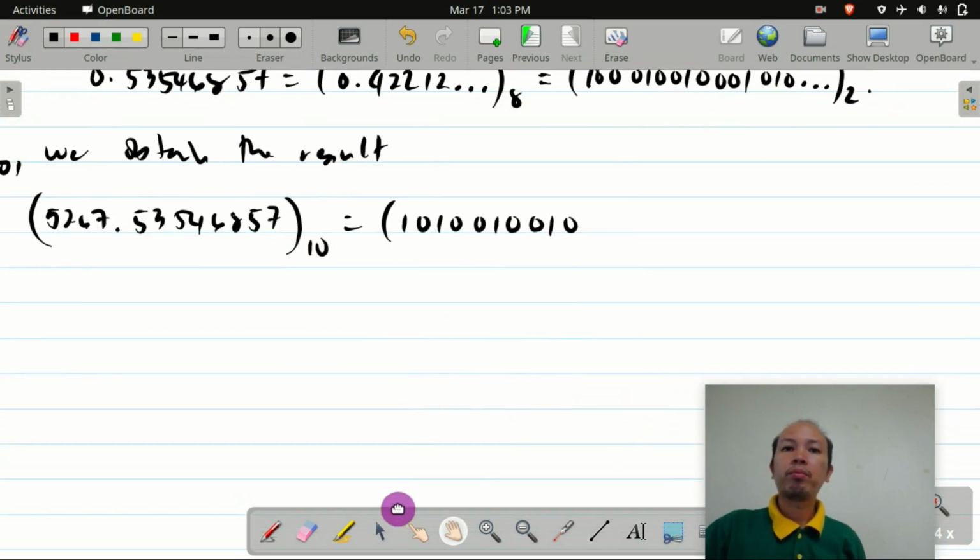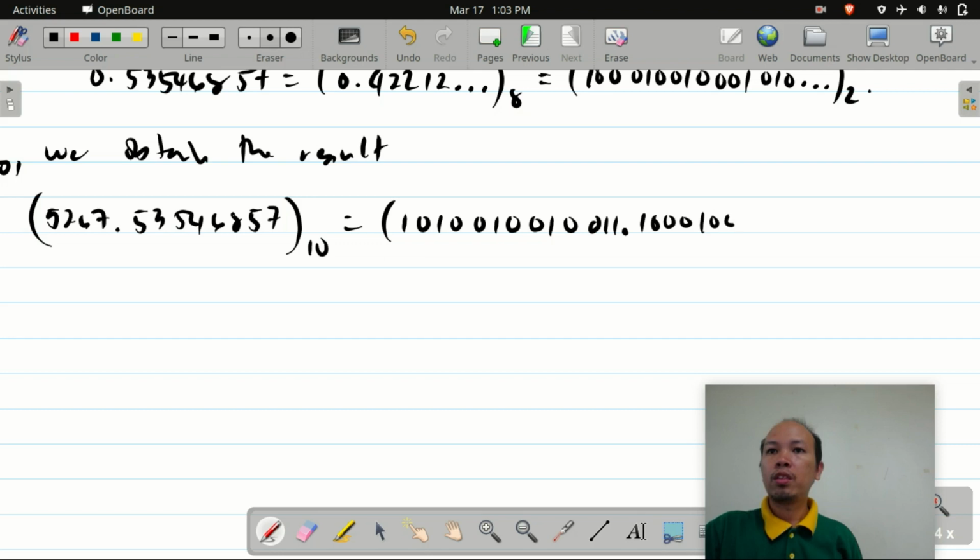We have point, no, not this one, 011 point, and let's use this one here. Okay, so we have 1 0 0 0 1 0 0 1 0 0 0 1 0 1 0 dot dot dot in base 2. So this is our final answer.